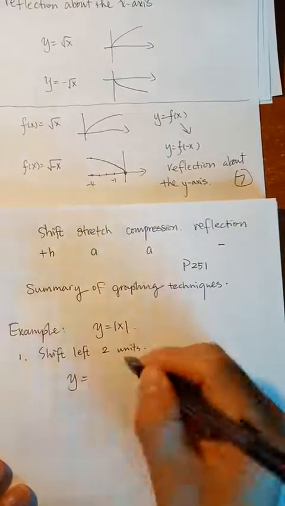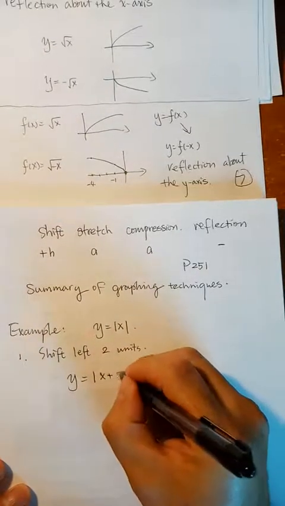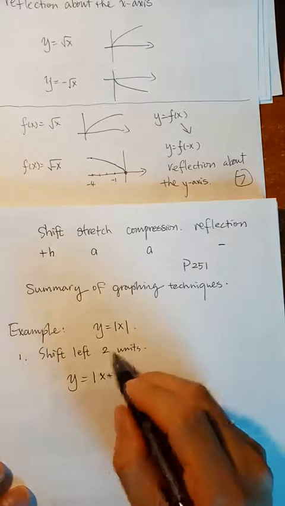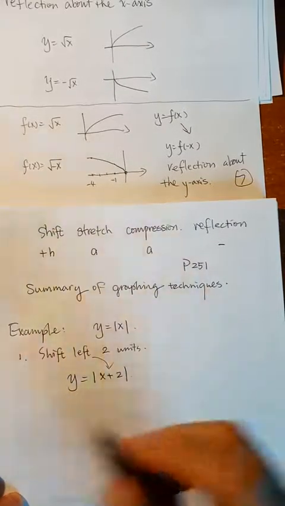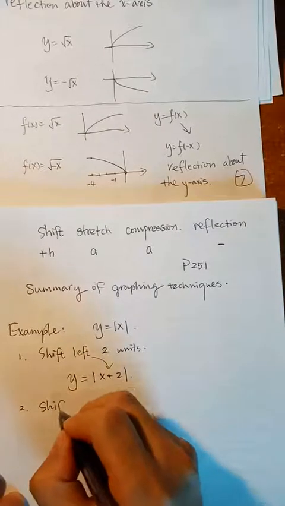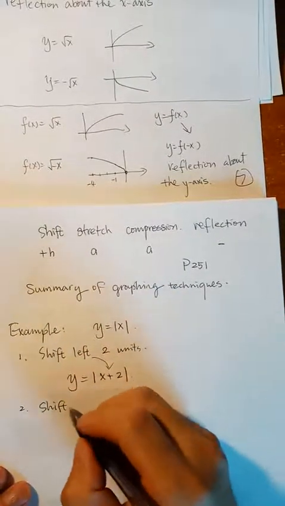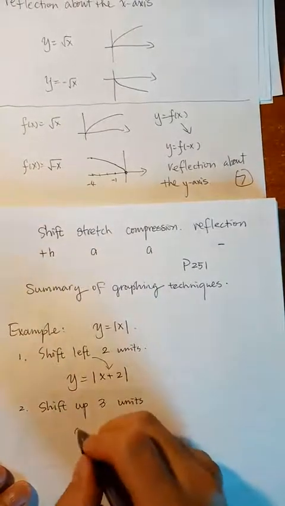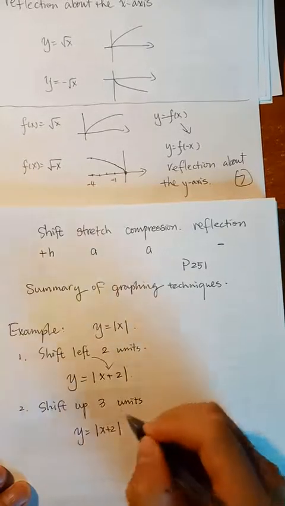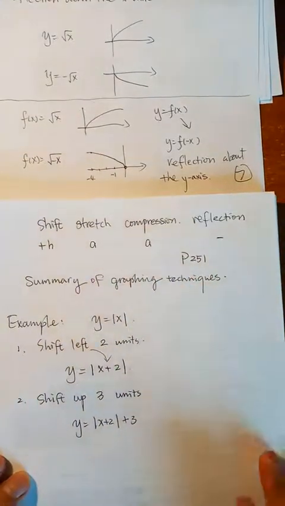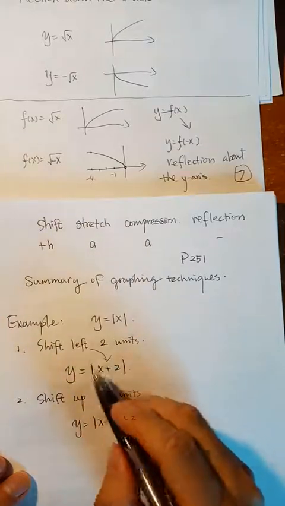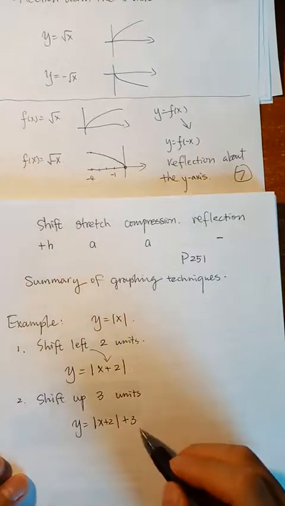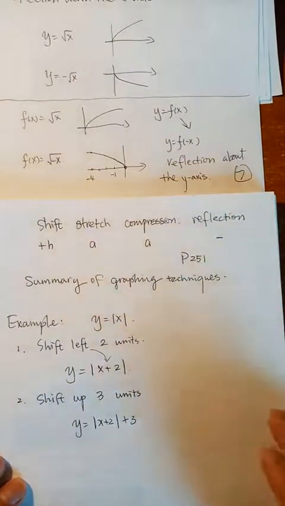So you get y is equal to absolute value of x plus 2. Shift to the left, plus. And second, after you shift left 2 units, shift up 3 units. So you have this function, shift up, plus 3. Plus 3 at the end. Left right, just directly plus or minus a number to x. Shift up and down, add at the tail.